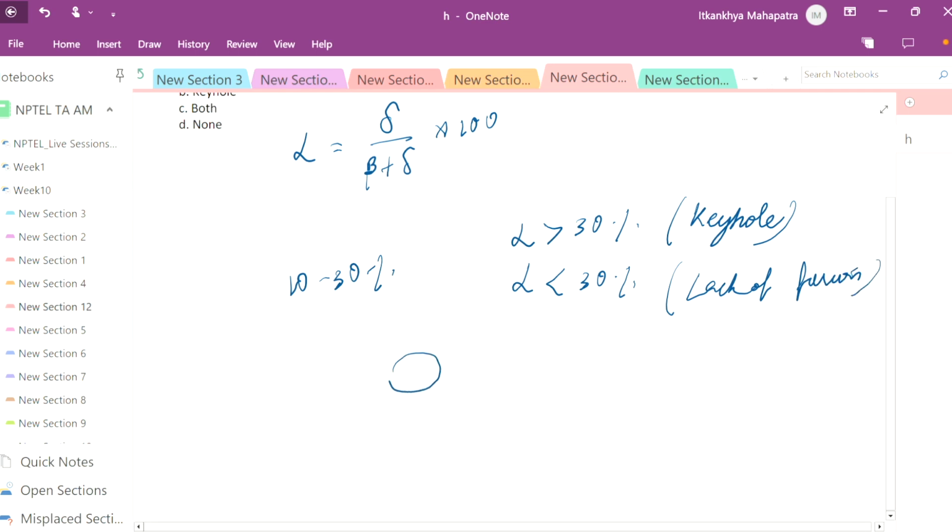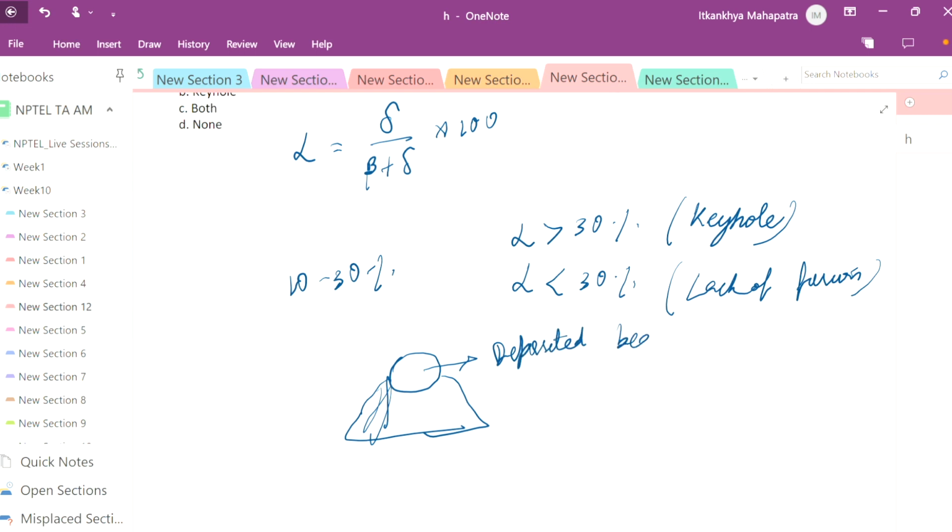Now suppose this is your deposited bead, and this is your substrate.